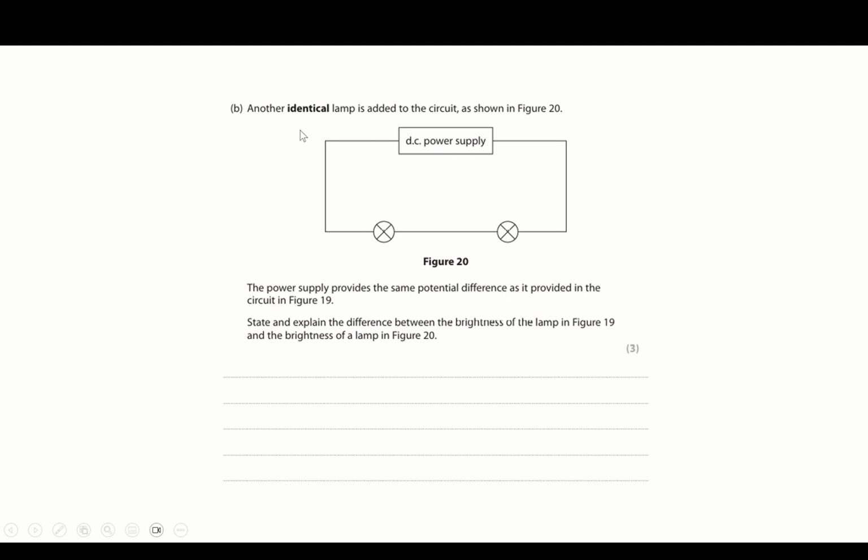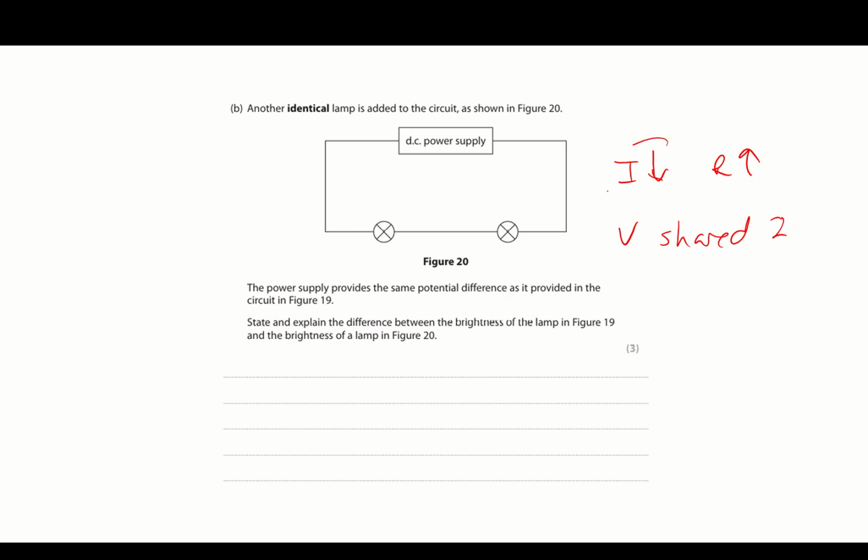Common question now. Another identical lamp is added in series, and it says state and explain the difference between the brightness. So I've got two bulbs rather than one. Well, we know the brightness would be less, great. But remember, we've got to talk about it in two ways. The current will be less because the resistance has gone up. And then the other thing is the voltage is now shared between two bulbs rather than one.